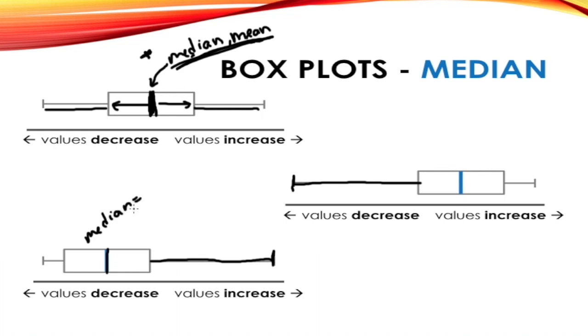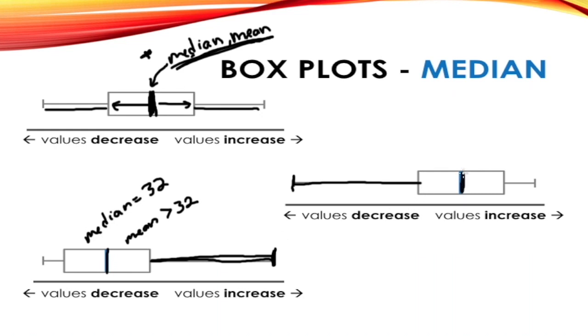For example, in this bottom one, if I say the median is 32, you can make conclusions about the mean because of this tail being longer on the right-hand side. We just learned that these values pull the median and the mean, but the mean is less resistant, making the mean larger than 32. And that's all we can conclude.